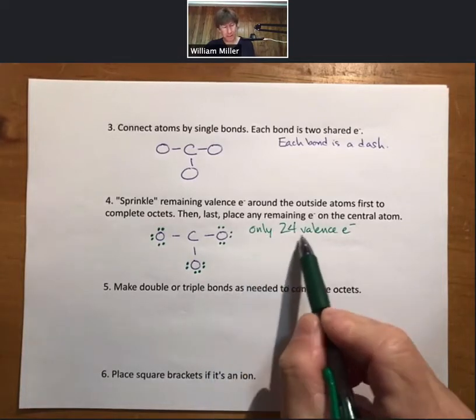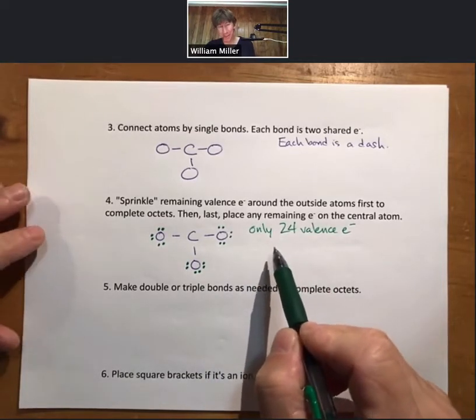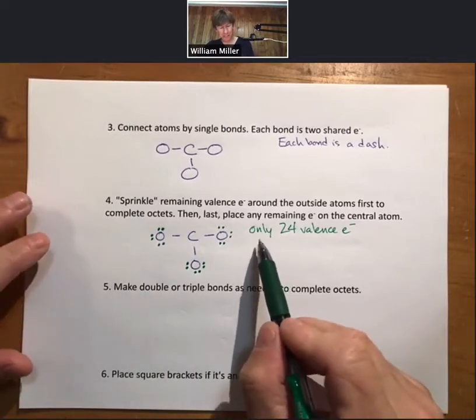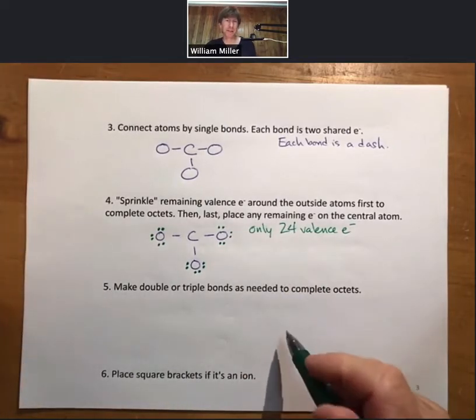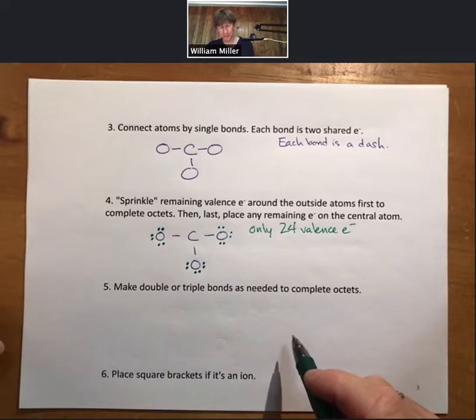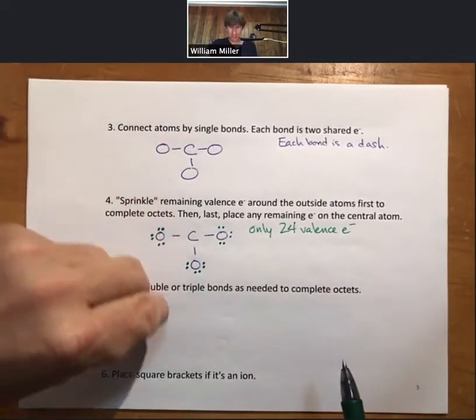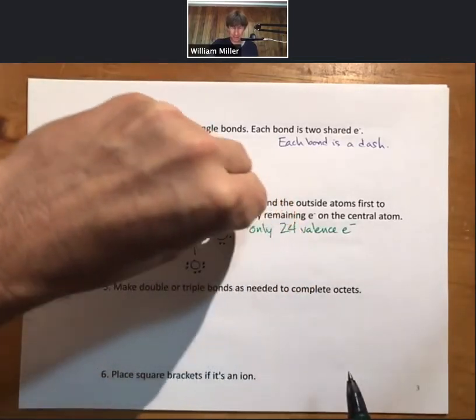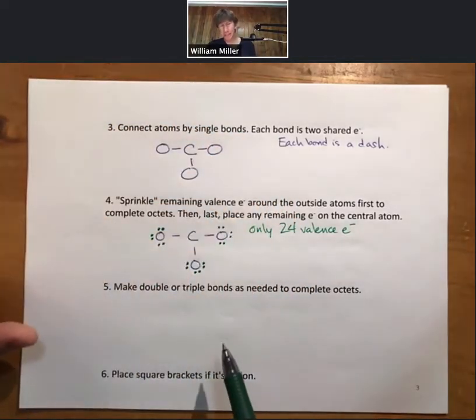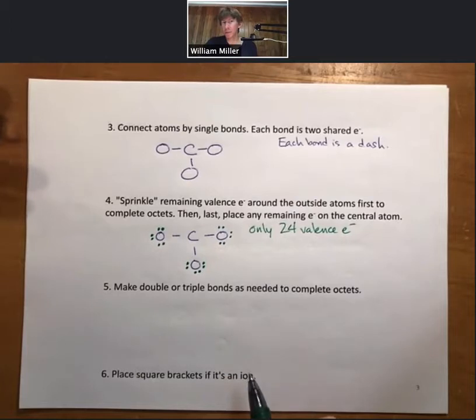However, another thing that is very important is that you only use the same number of valence electrons that you have available. Okay, so now we're done with step 4. I imagine that I'm sprinkling the electrons around the outside atoms because, again, the electrons don't belong. We did count them up from individual atoms at the beginning, but then I think it's best to just assume that all of the electrons belong to the molecule, or in this case, ion.